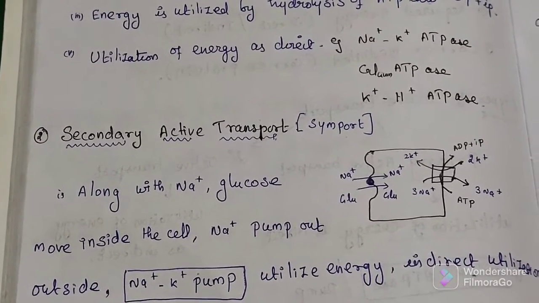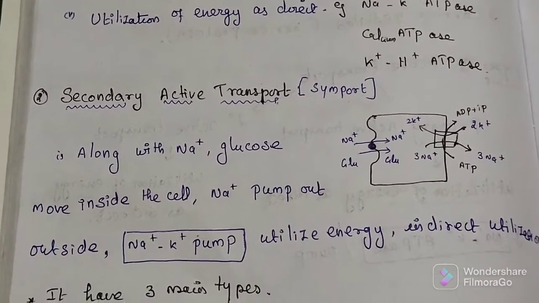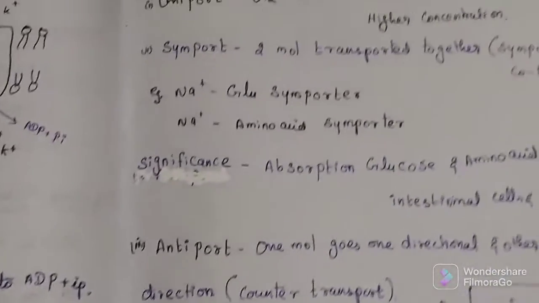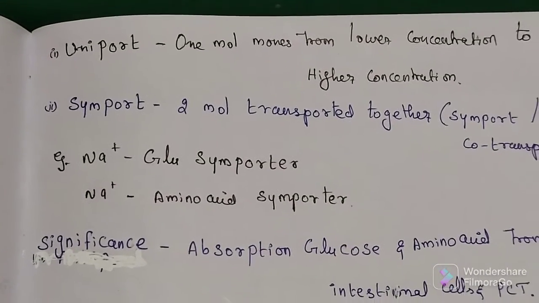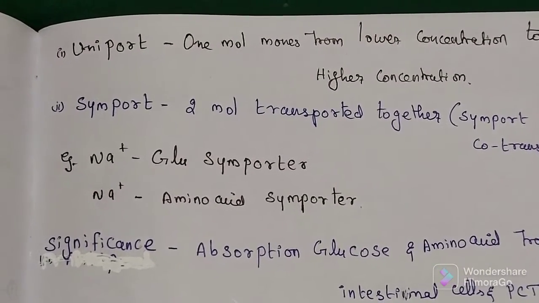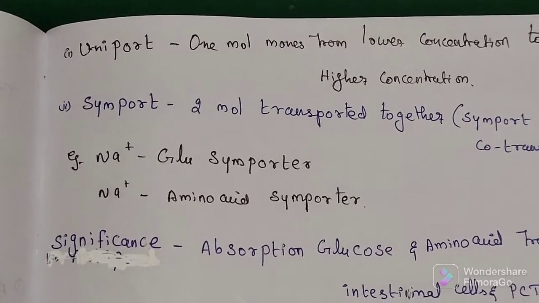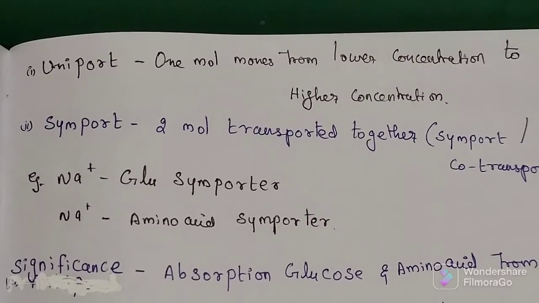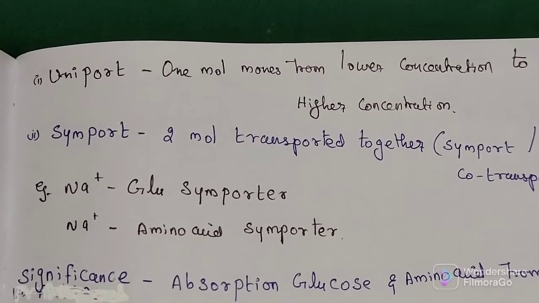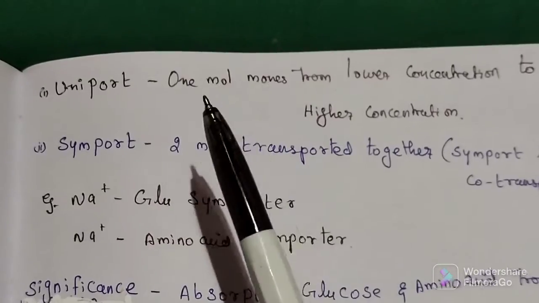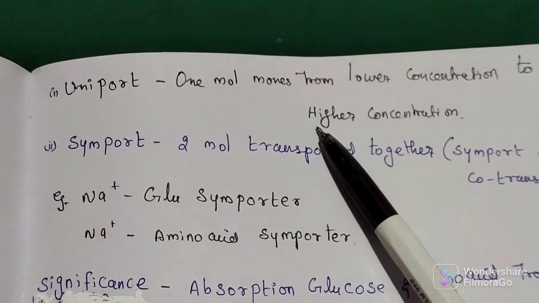Secondary active transport is divided into three main types: uniport, symport, and antiport. Uniport means only one molecule moves from lower concentration to higher concentration.